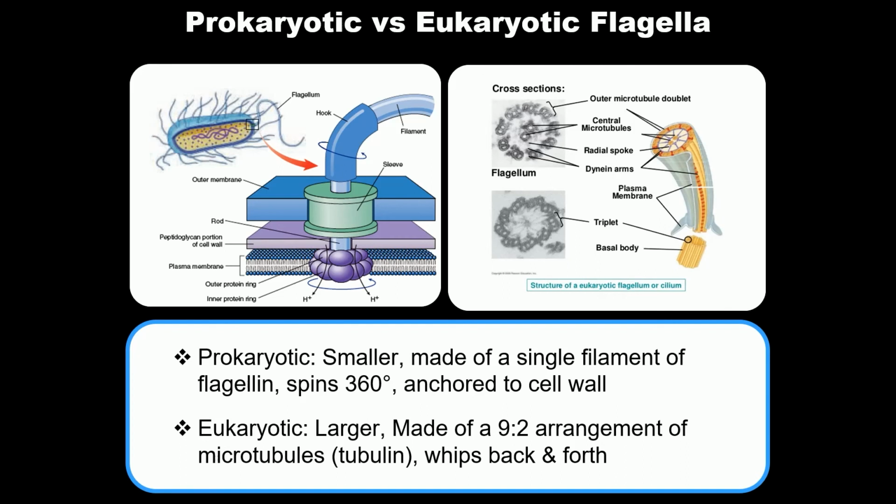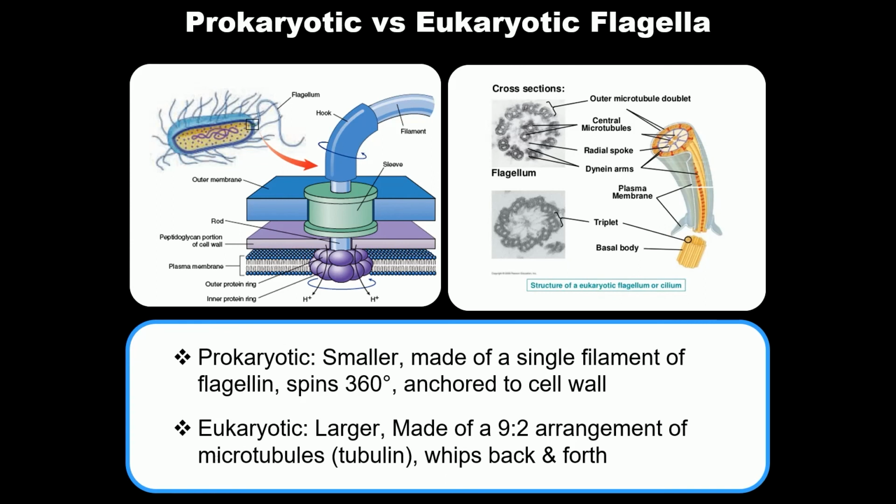So instead, eukaryotic flagella are larger, and they're made of, you guessed it, microtubules. Very important protein, the microtubules. They're made of microtubules in what we call a 9-plus-2 arrangement. There are 9 pairs of microtubules going around the outside of this flagellum in the structure.